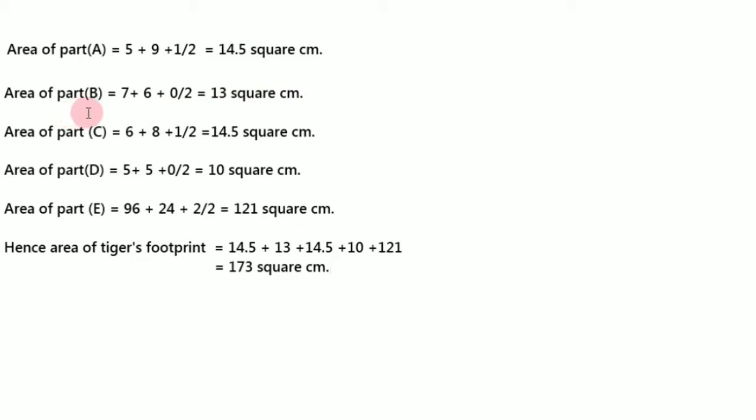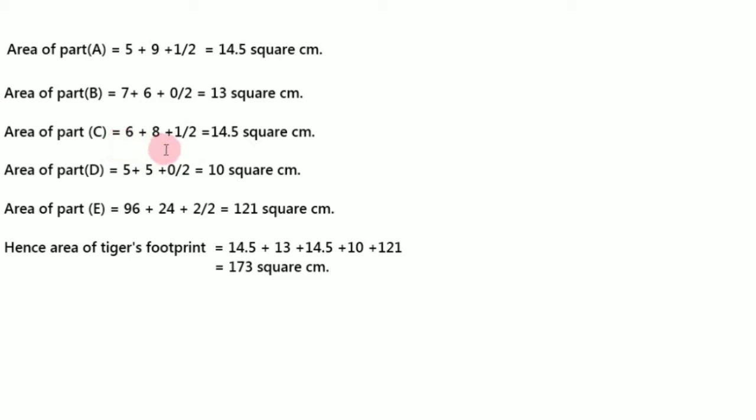Now the area of part B is equal to 7 complete squares plus 6 more than half filled squares, and 0 half filled squares. So 7 plus 6 is equal to 13 square centimeter. Now the area of part C is equal to 6 complete squares plus 8 more than half filled squares plus 1 half square, divided by 2.